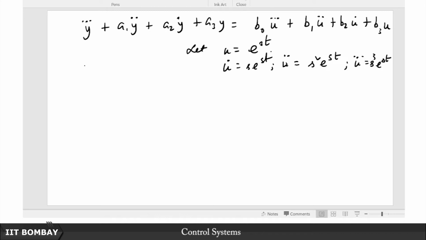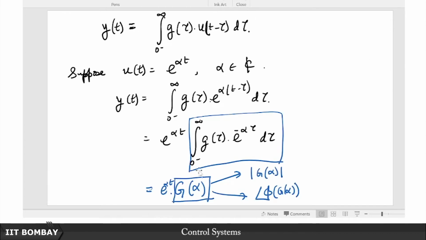Of course, we have already derived that the response is just the transfer function times this.